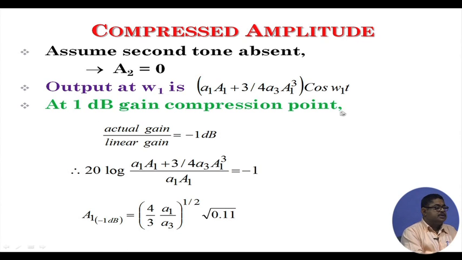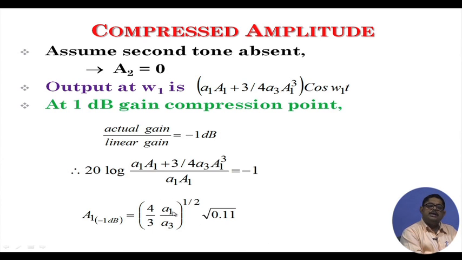At 1 dB gain compression point, we have this definition, actual gain by linear gain is equal to minus 1 dB. So, I put this actual gain, that is this, but had this been linear gain, then this was not there, this was simply 1, and that according to this definition is minus 1 dB. So, by that I have related the value of A1, the input signal's gain, that is given by this thing, an important result.